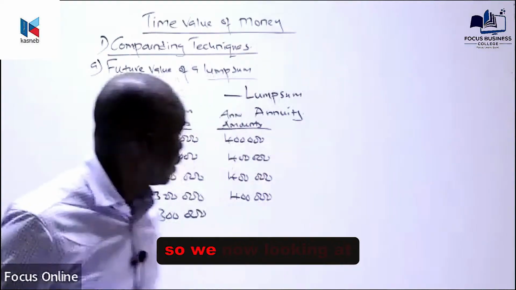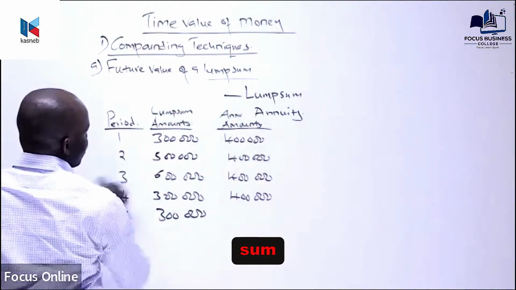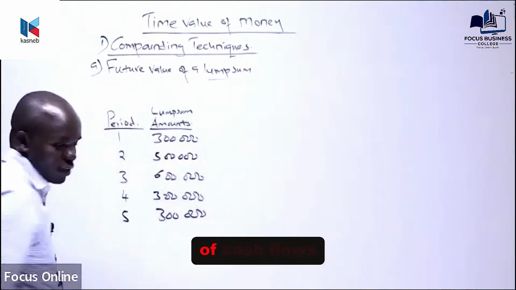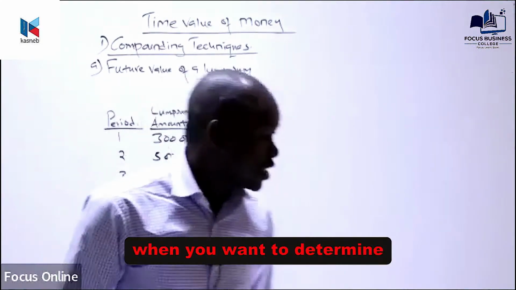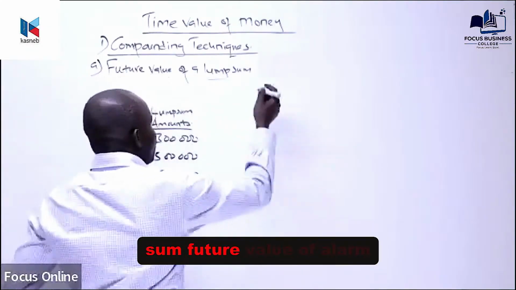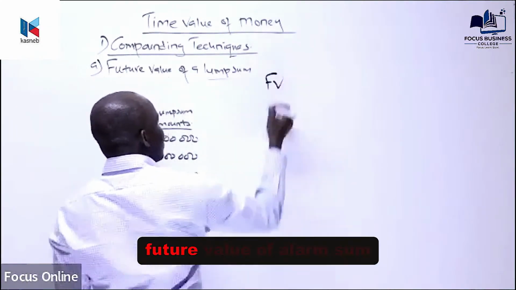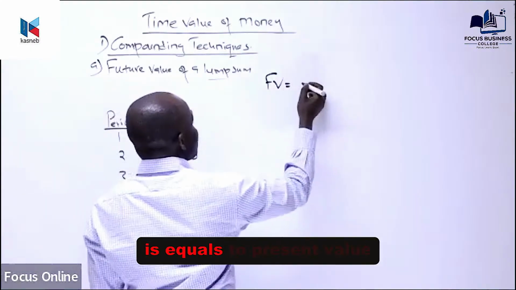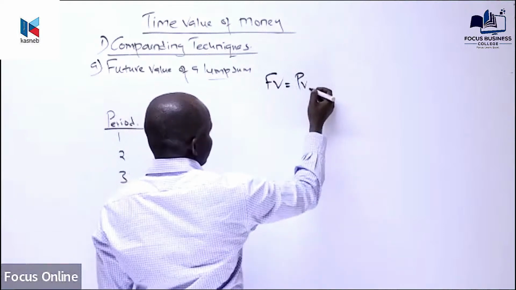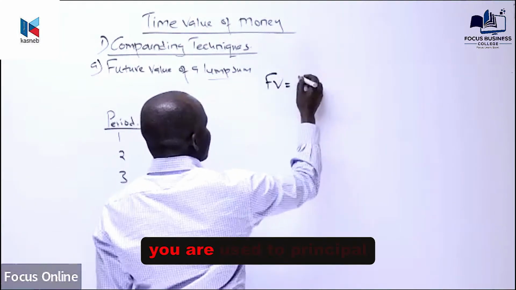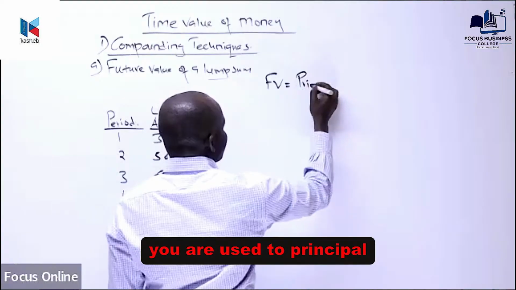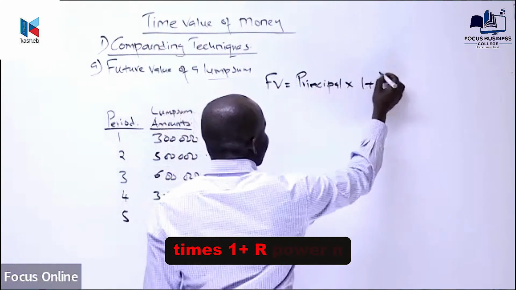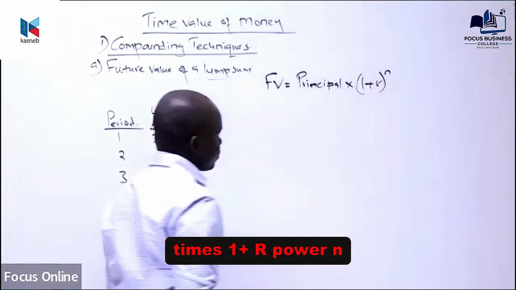So we are now looking at future value of a lump sum. Future value of this kind of cash flows. When you want to determine the future value of a lump sum, FV is equal to present value, or let's say principal, times 1 plus r power n.